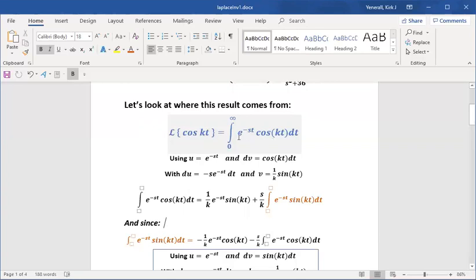In the first stage, we'll let u be e to the minus st, and we'll let our dv be cosine of kt dt. With those allowances, then the derivative of u, du, is negative s times e to the minus st dt, and v, which is our antiderivative of dv, will be 1 over k times the sine of kt.